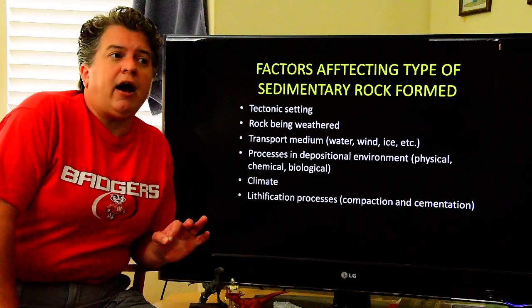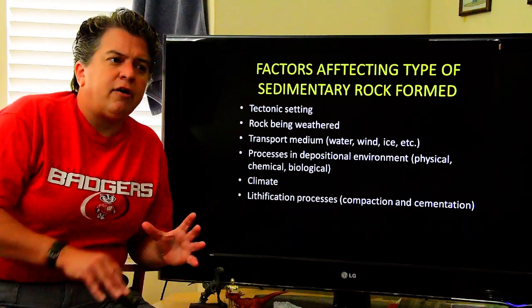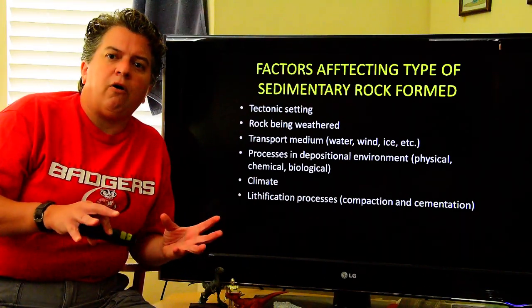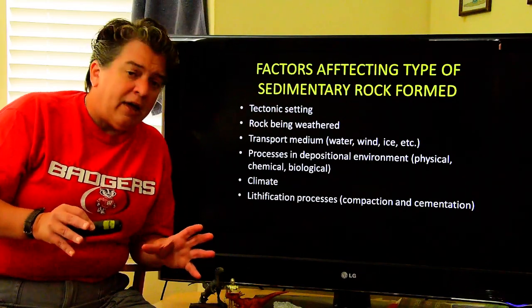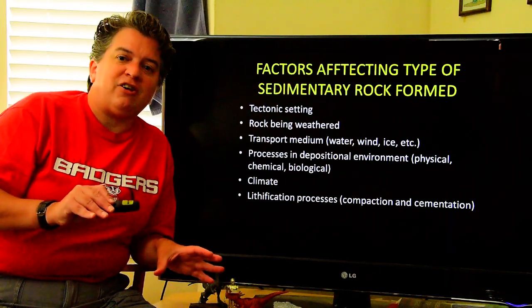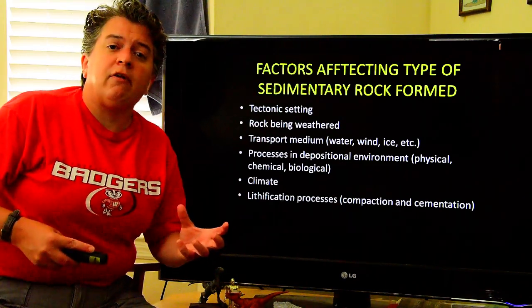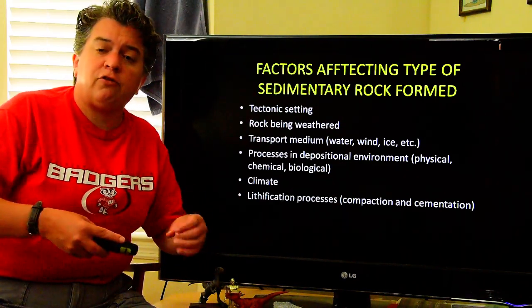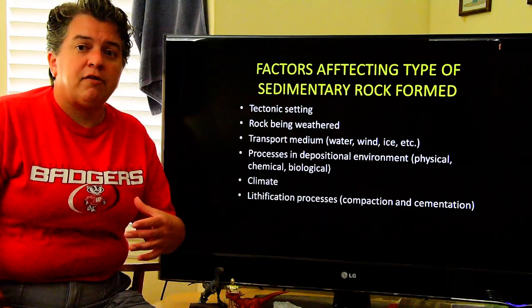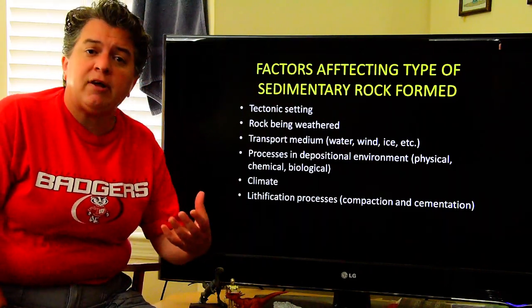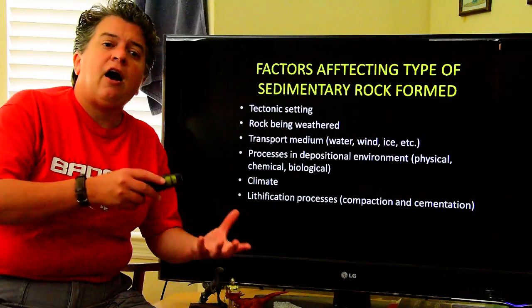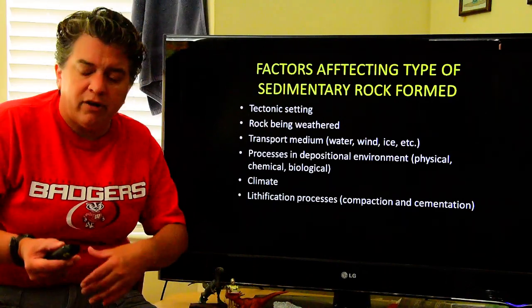And then what kind of processes does that sediment undergo in lithification? And remember from physical geology, lithification is where the loose, unconsolidated sediment gets turned into solid rock. And this is done through compaction and cementation. And just how much compaction do you have? How much cementation?